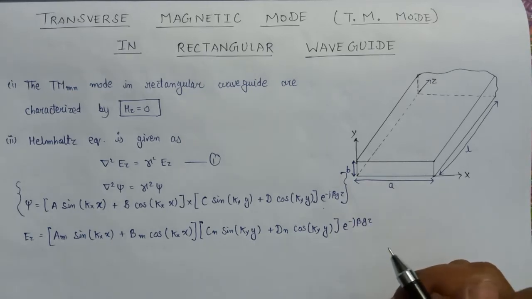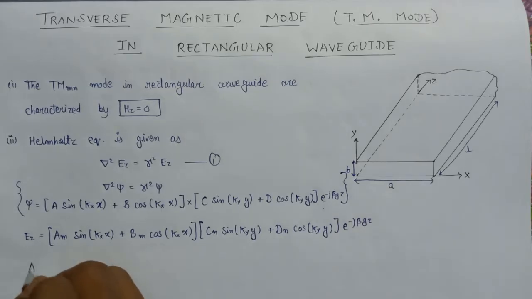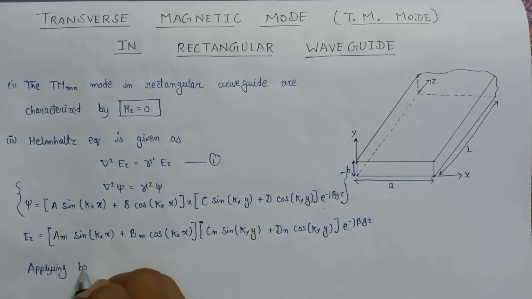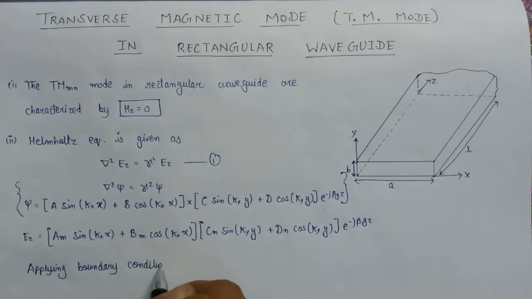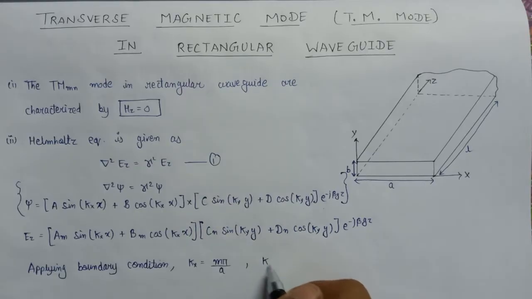Now if we apply the boundary conditions, we have to replace this kx with m pi over a, and also this ky with n pi over b.